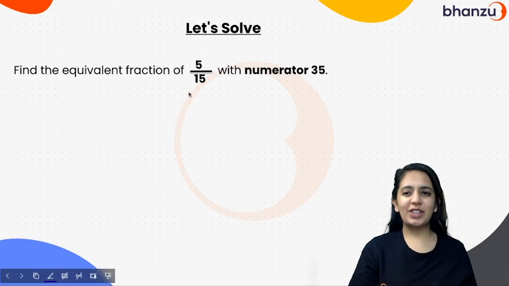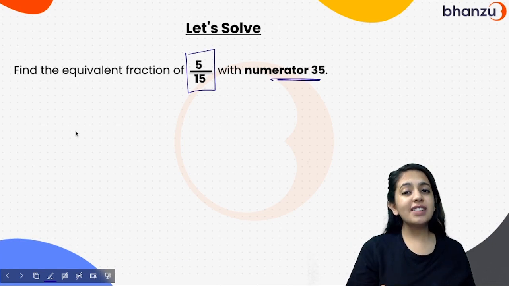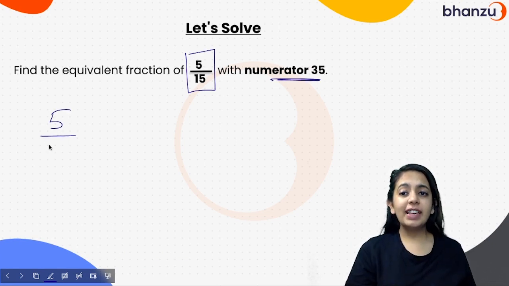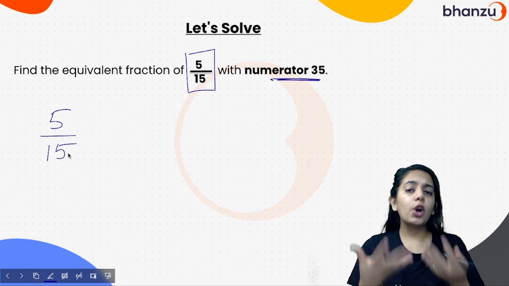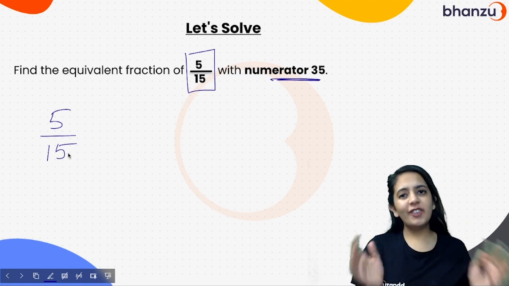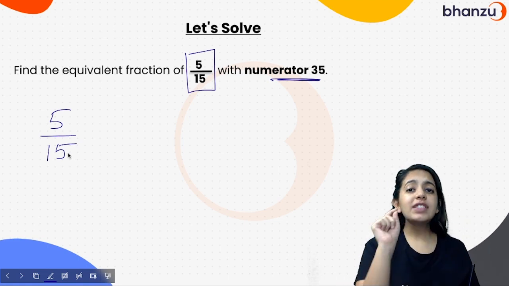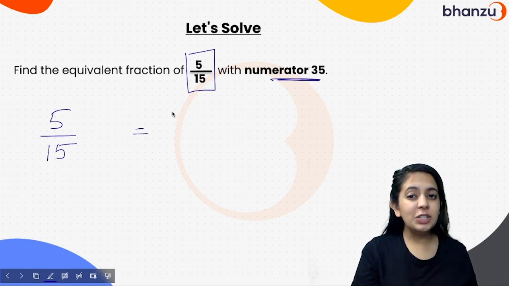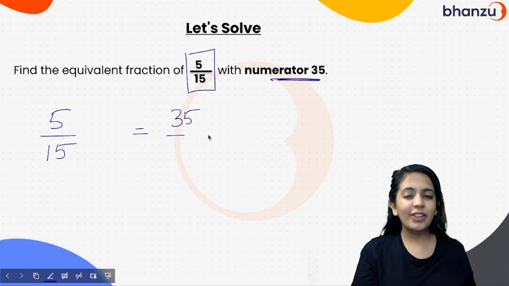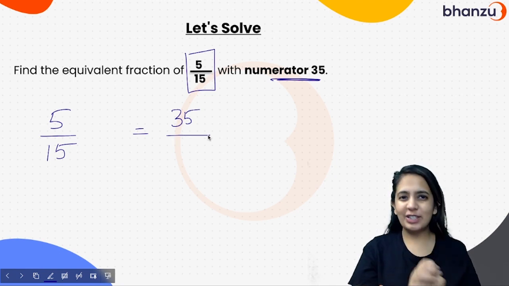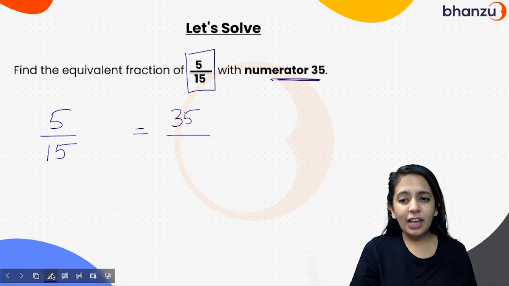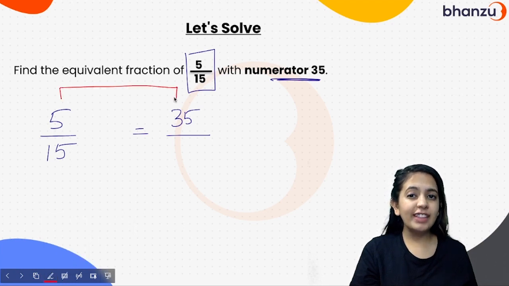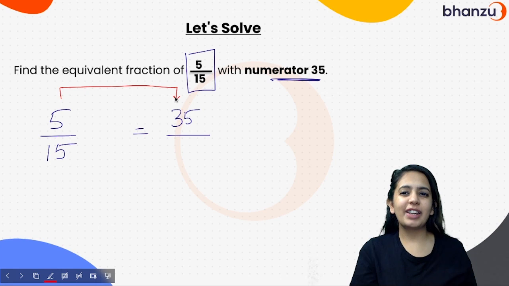Now here's another question. We have to find the equivalent fraction of 5/15 whose numerator is 35. Now we already know that there are so many equivalent fractions that exist of a single fraction. But we only have to find that one whose numerator is 35. And we just have to find the denominator over here. Now first we are going to observe that how this number 5 in the numerator has become 35 in the numerator.